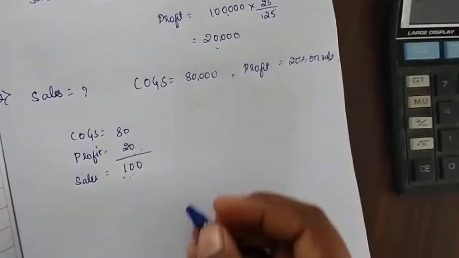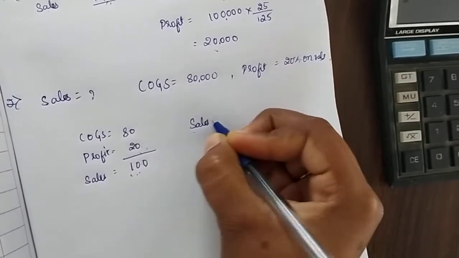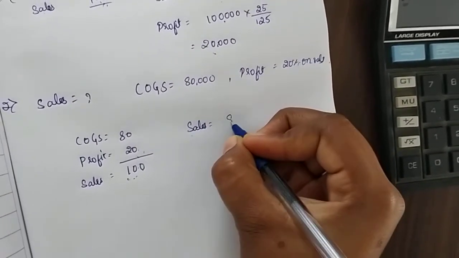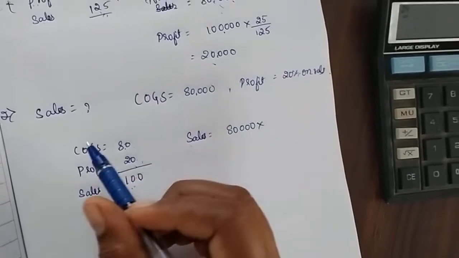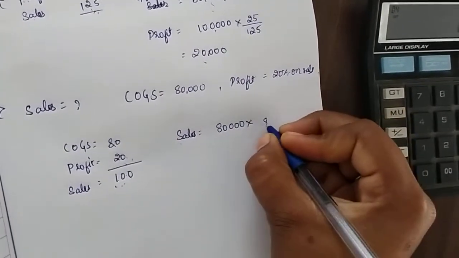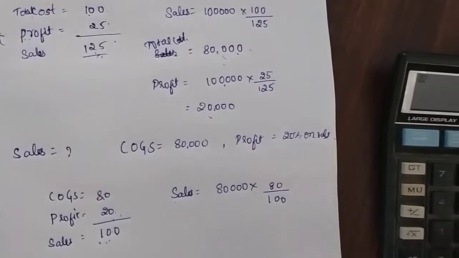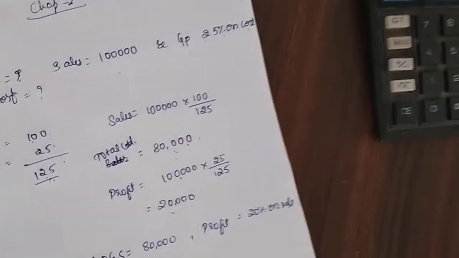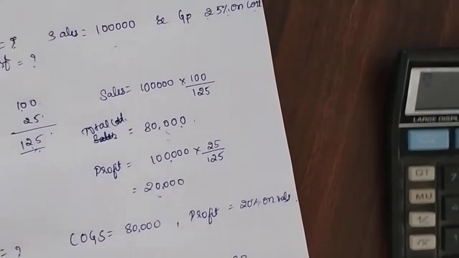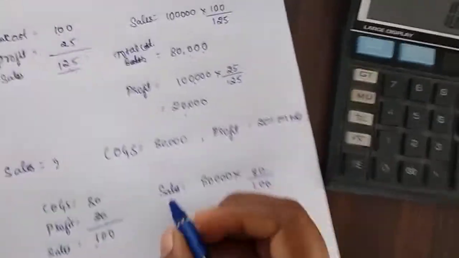Here they have given the cost of goods sold, and we have to find out the sales.